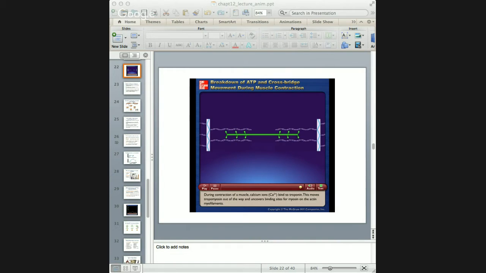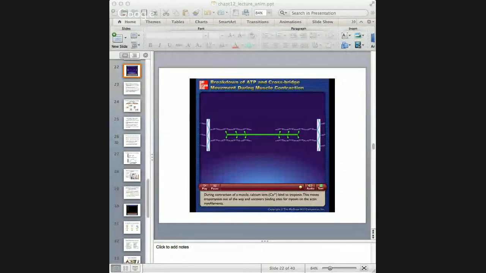Here we have a magnified view of the actin. That's the actin here, okay? And this is at rest, no stimulation, no impulse at this point. Bound around the actin you have troponin and tropomyosin.